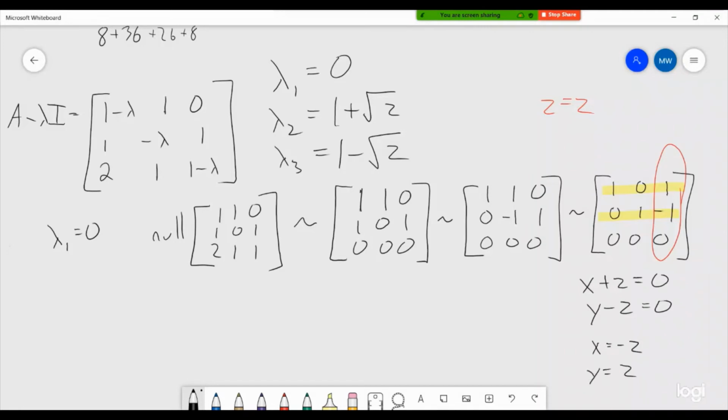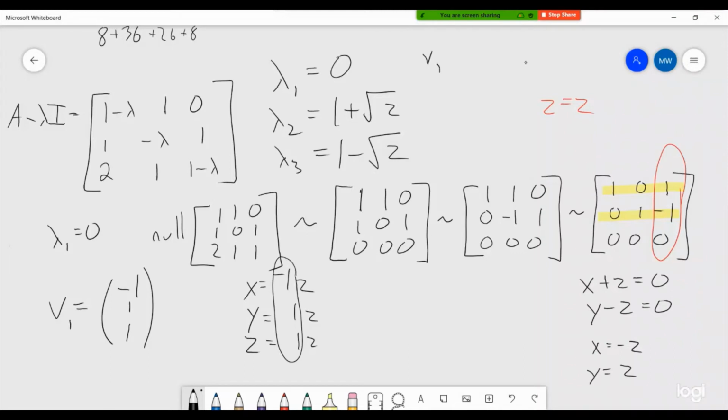So our vector is going to be negative 1, 1, 1, where we just take the coefficients of z in x, y, z, because that's negative 1z, 1z, and 1z. Those coefficients form our first vector. So vector 1 is negative 1, 1, 1.